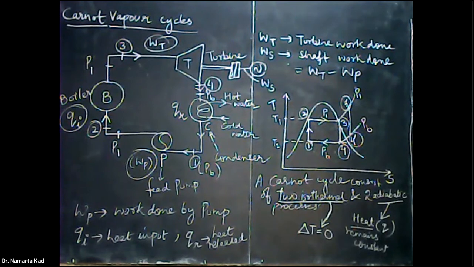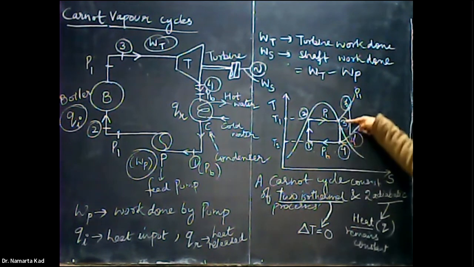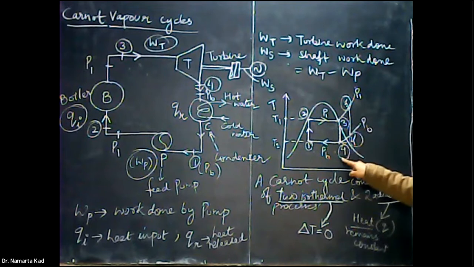The temperature of the steam also drops from T1 to T2. See here in this curve, the temperature at 3-4 stage reduces from T1 to T2.